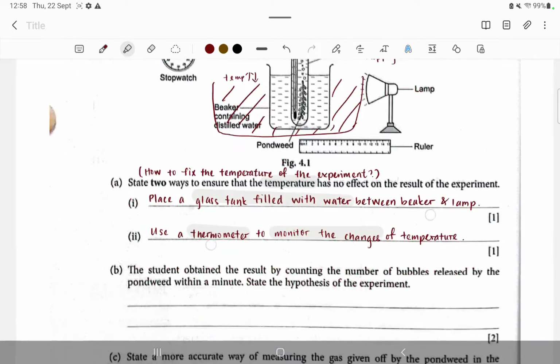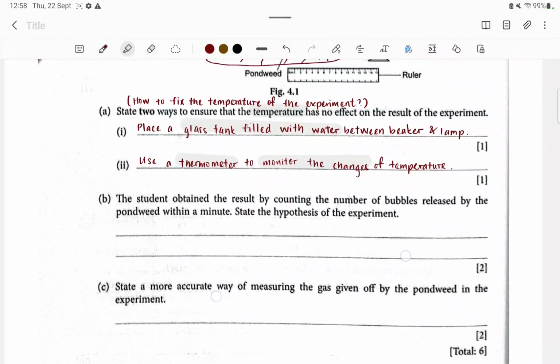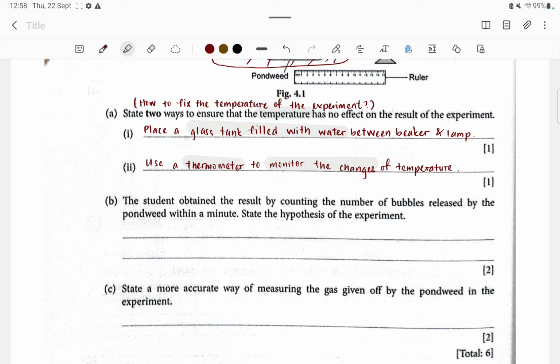Let's see 4B. The student obtained the result by counting the number of bubbles released by the pond weed within a minute. State the hypothesis. Okay. Hypothesis is easy. You can say greater or smaller, faster or slower.